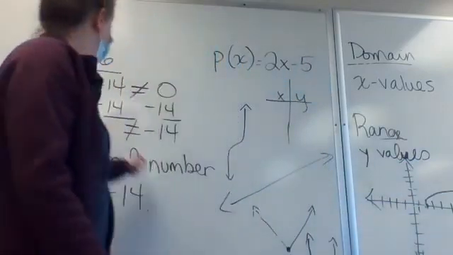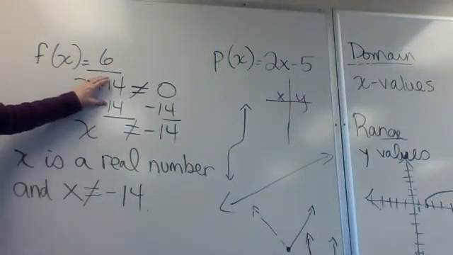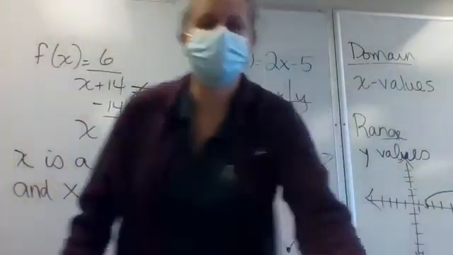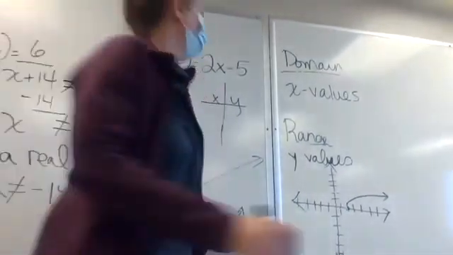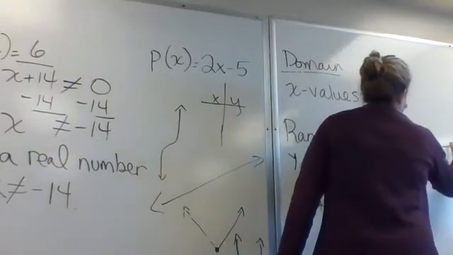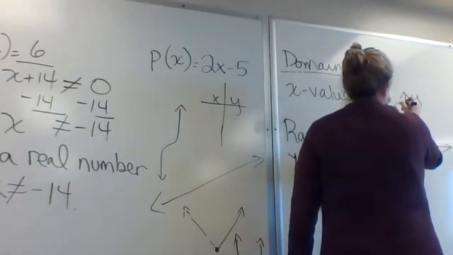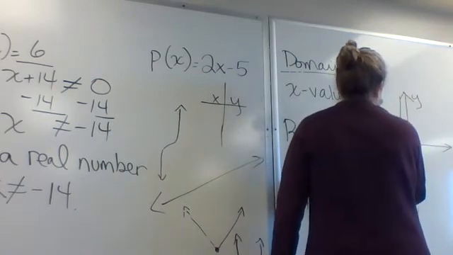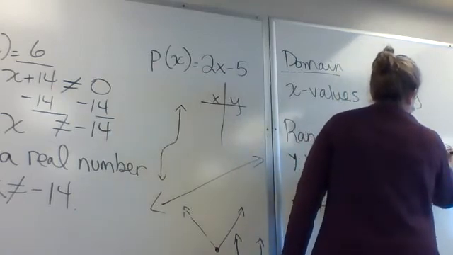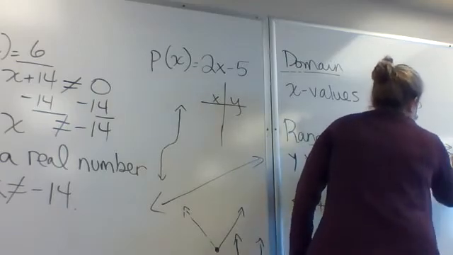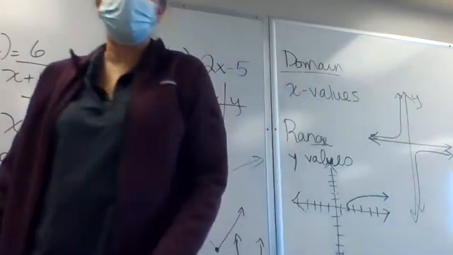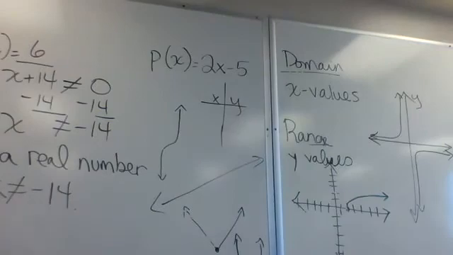Another one that doesn't is one like this, right? What that makes is a graph that goes like that. It's called a rational function.